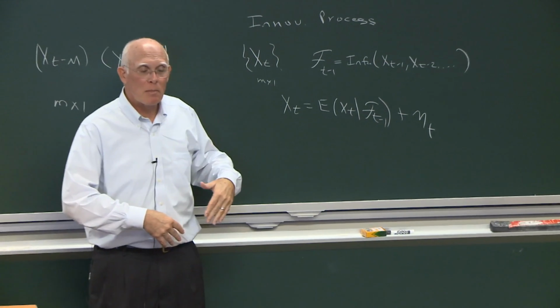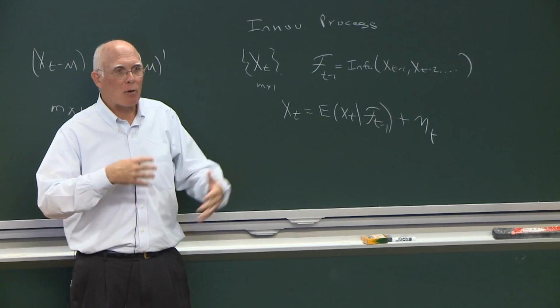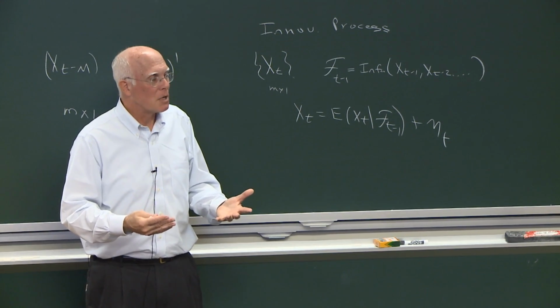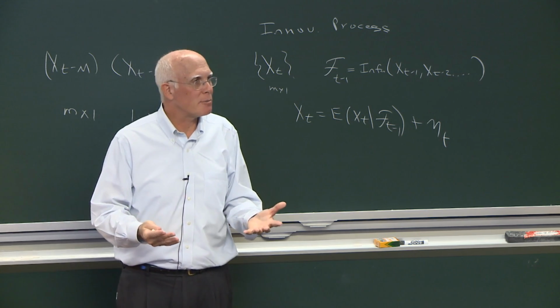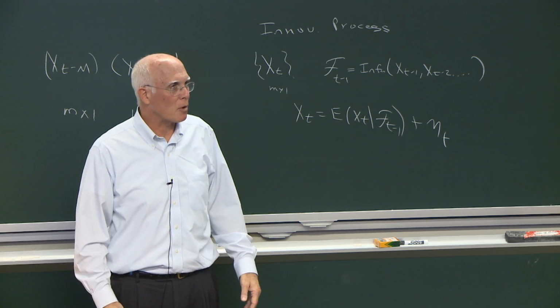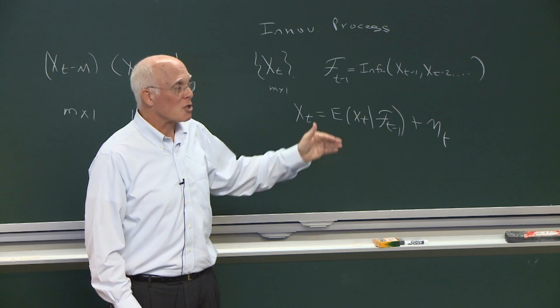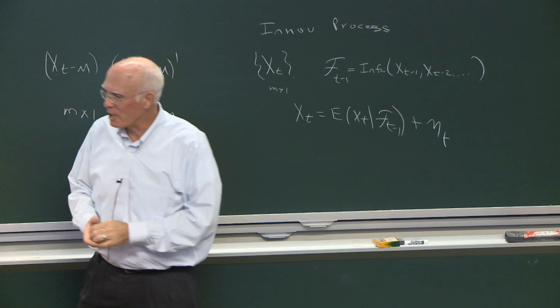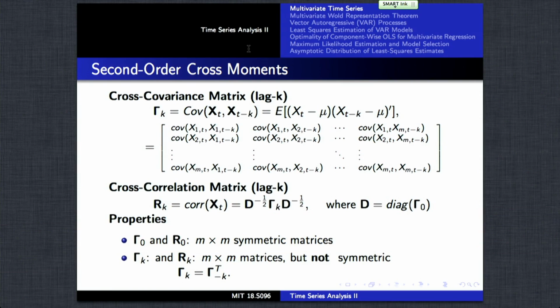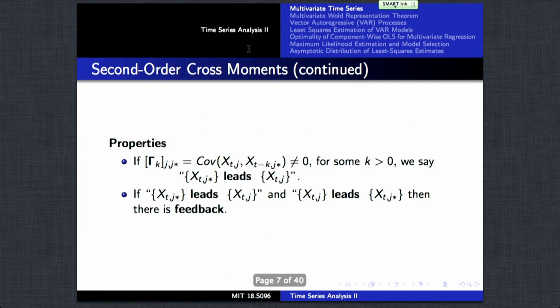And then there's some disturbance about that model. There's something new that's happened at time t that wasn't available before. And that's this innovation process. So this representation with the Wold decomposition is representing basically the bits of information that are affecting the process that occur at time t and weren't available prior to that.